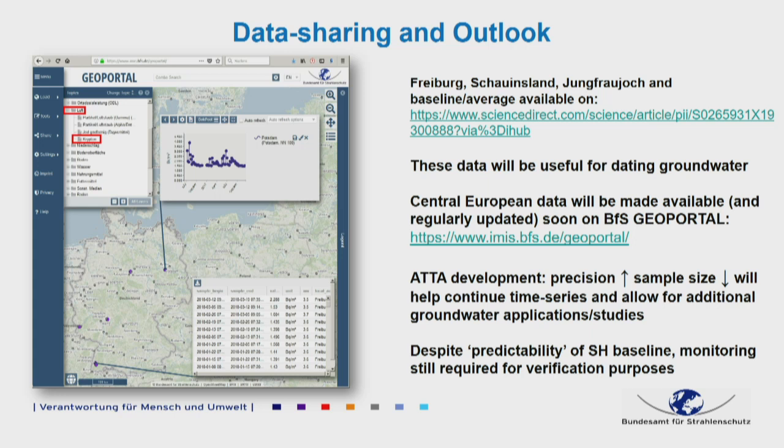That's a geoportal that we currently use to make public the measurements of the German dose rate network, for example, or the particulate monitoring networks. We also want to put the Krypton-85 data on there, and also the Xenon-133 data that we measure, and update it regularly so that researchers elsewhere can use the data as well.